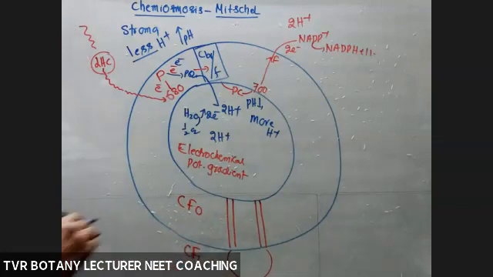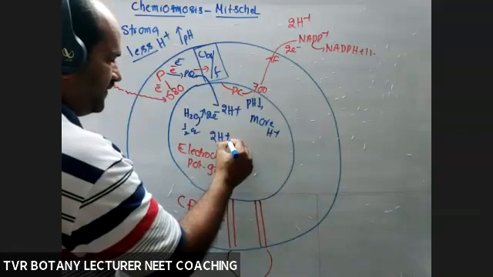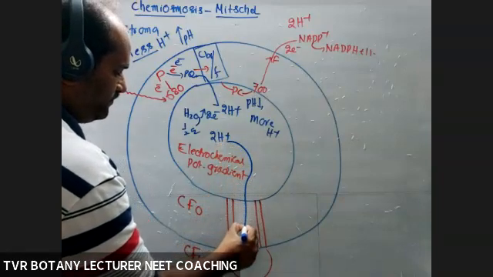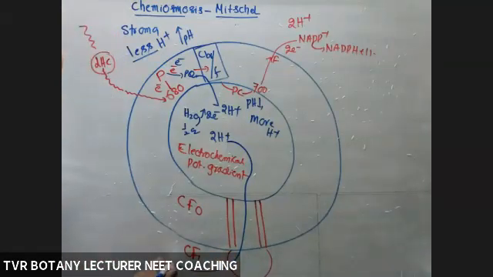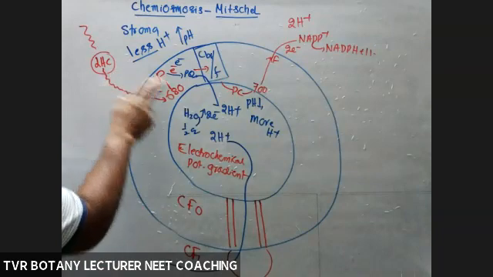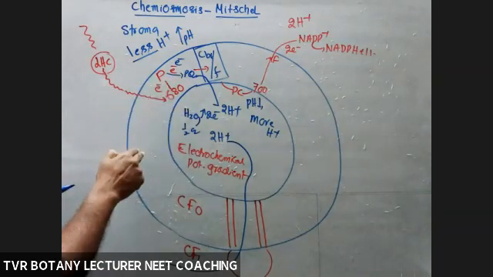So this membrane is concerned with the transportation of H plus from lumen to stroma, the backflow of protons. Backflow of protons because of a proton concentration gradient. So now the H plus gradient is established between stroma and lumen across the membrane.